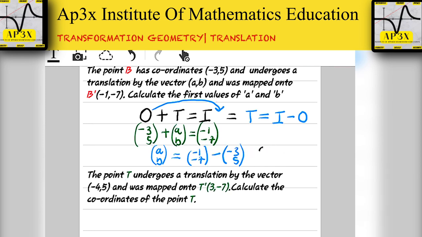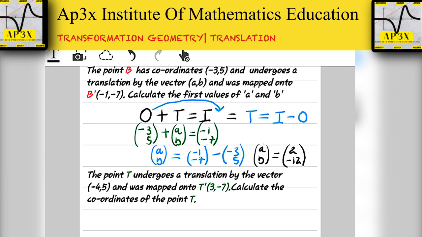So we can say here that AB is equal to, at the top, what we just calculated to be 2. And of course at the bottom, -7 minus 5 is minus 12. So by comparing matrices, because both matrices have now been simplified to 2 by 1, we can compare corresponding entries.